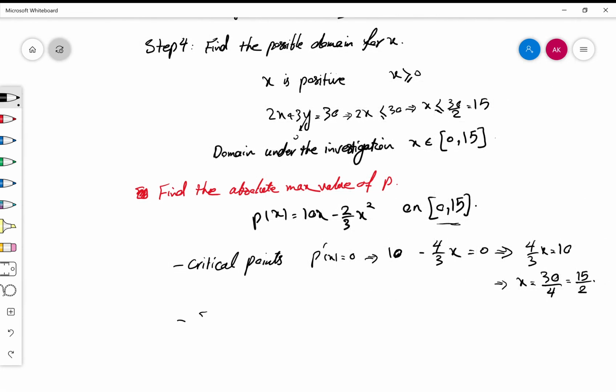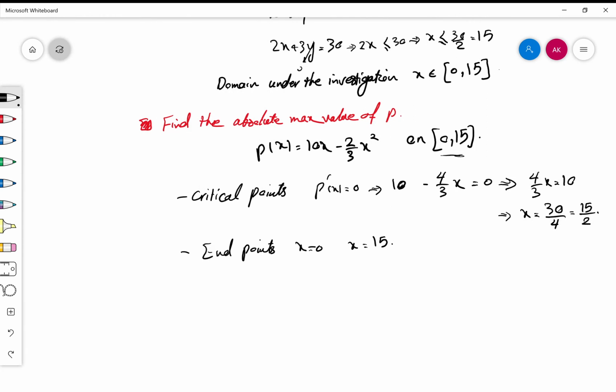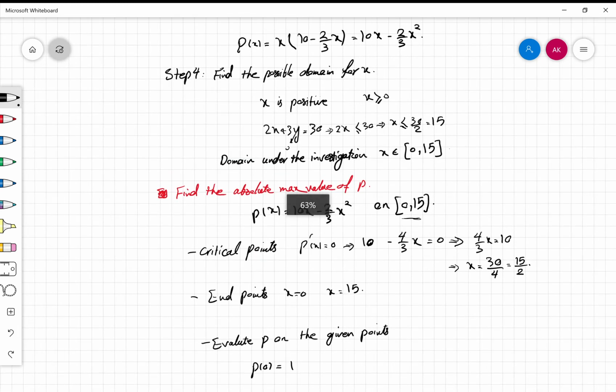Then the endpoints. These are the two groups we have to check: x is 0 and x is 15. Very nice. Now we evaluate p at the given points. P at 0: we can use this formula, which is a bit easier to compute.